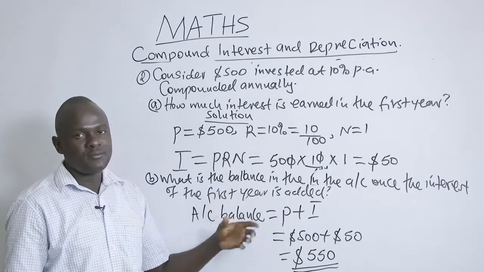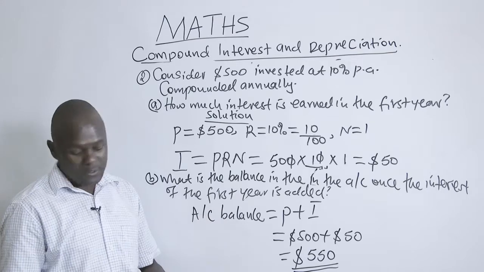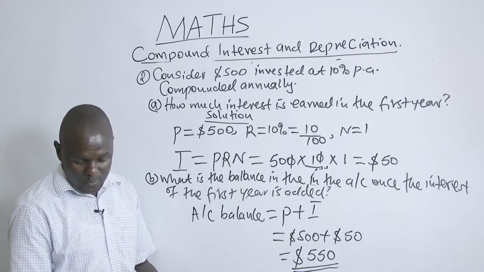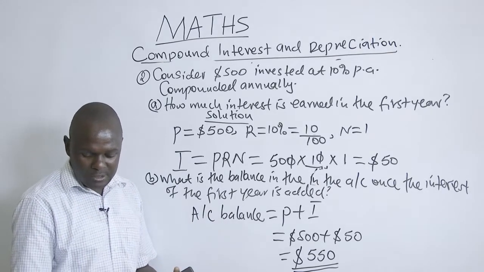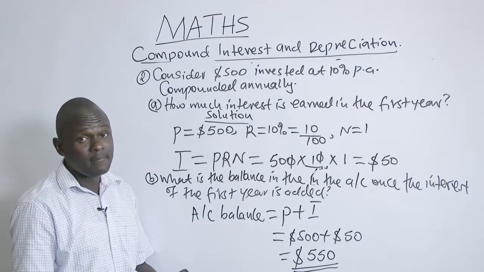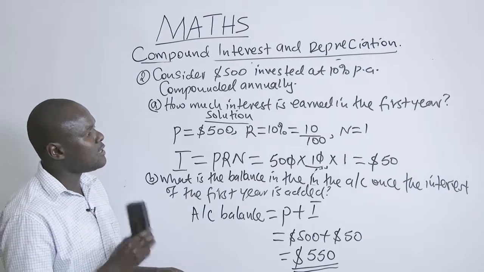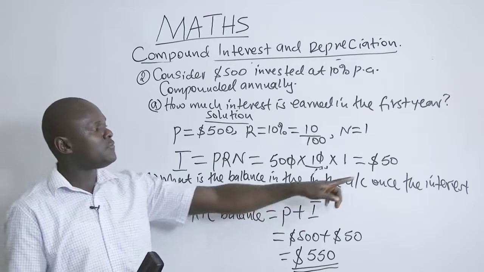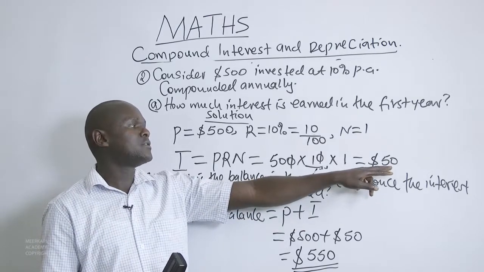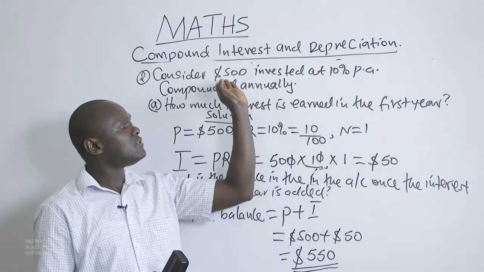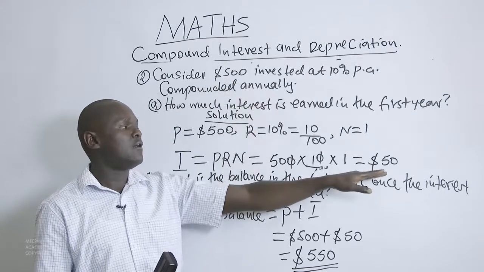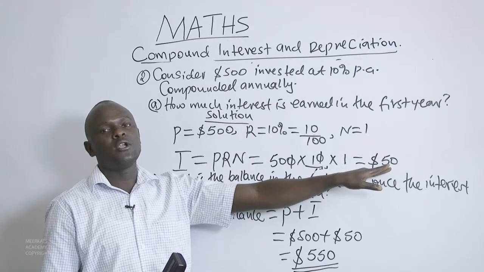Let us try and move on to the third part and see what we are required to do. The third one is: how much interest is earned in the second year? Remember, in the first year that investment of $500 earned an interest of $50.